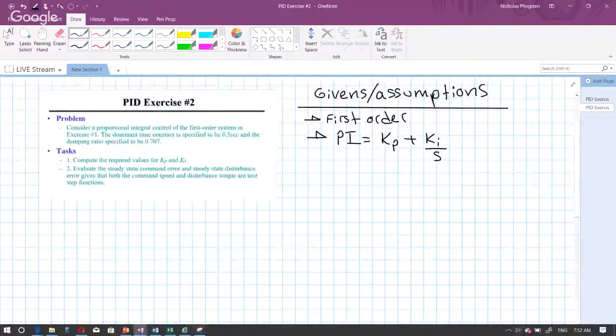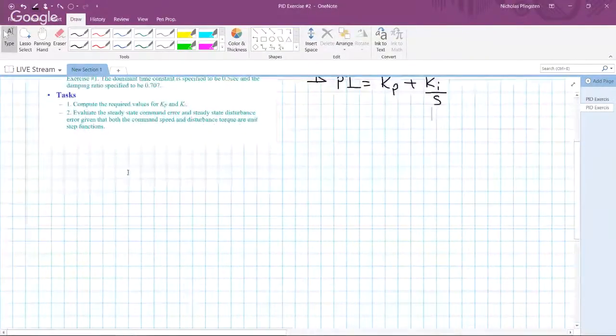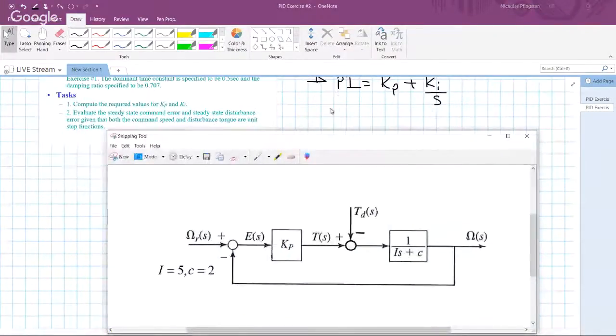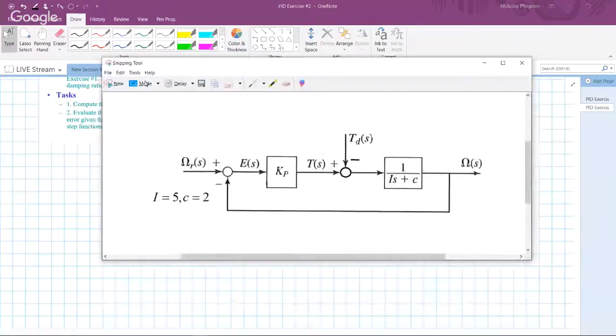So let me drop that in. Actually, no, I have to manipulate it. Did that by erasing this. Okay.